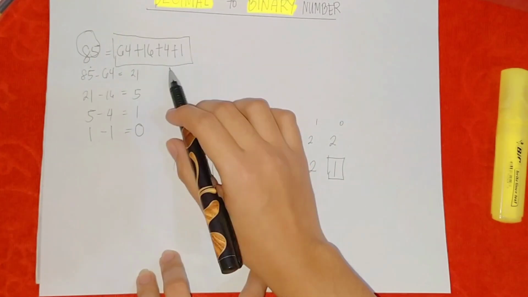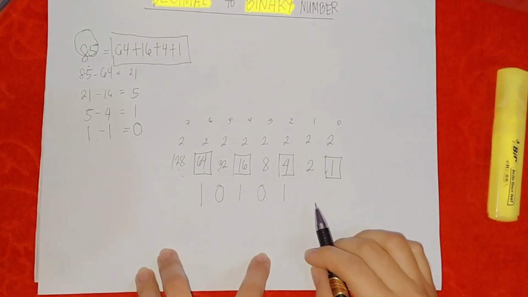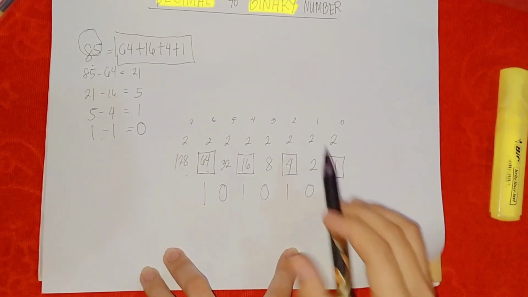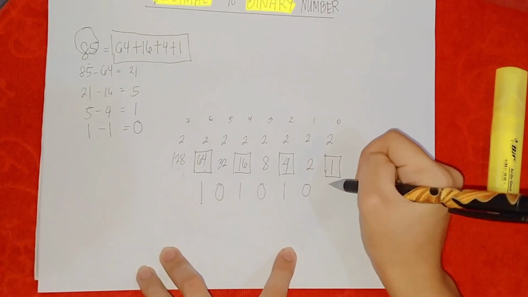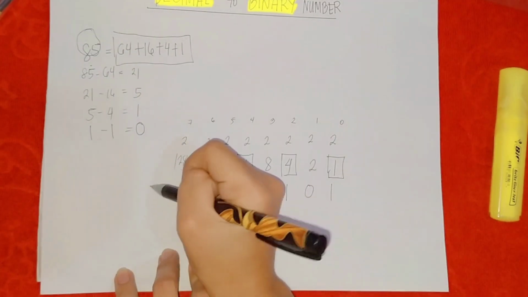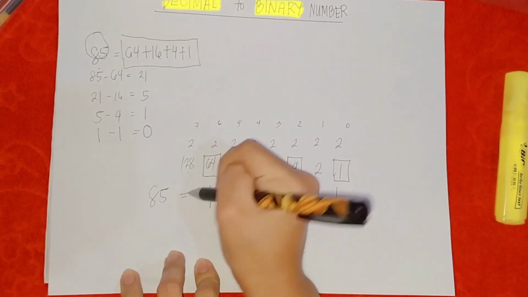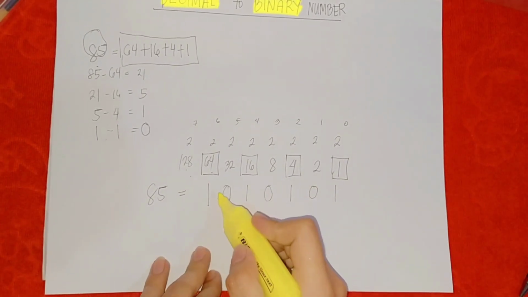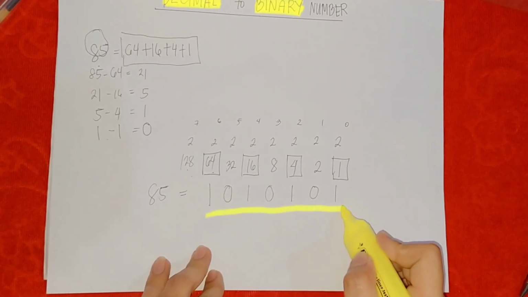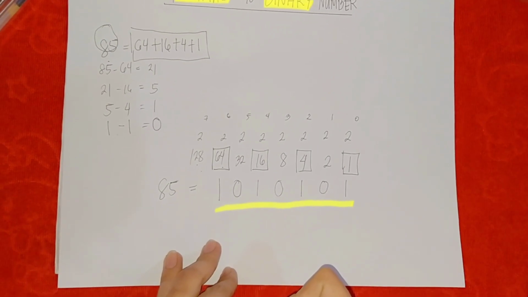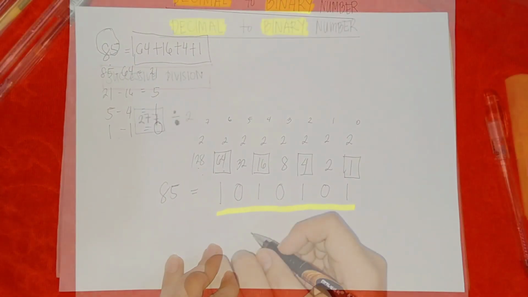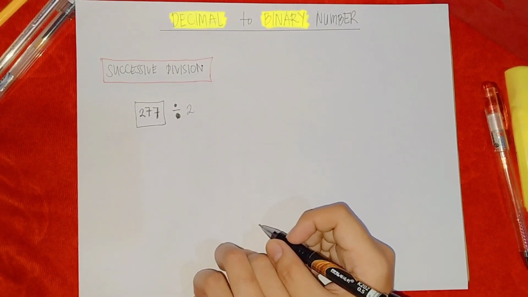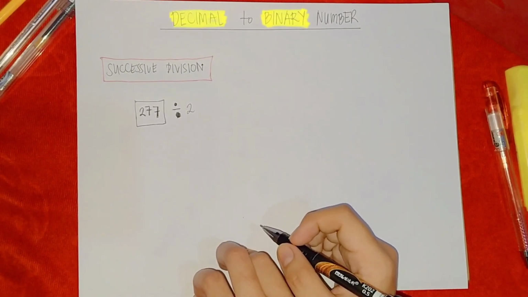We do have 4, so we put 1. We don't have 2, so we put 0. And lastly, we have 1, so we put 1. Therefore, the decimal number 85 is equal to 1010101.